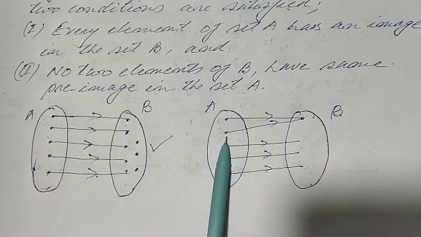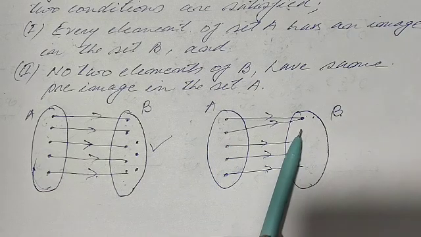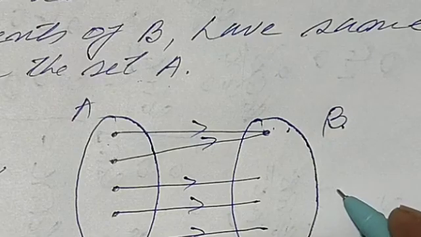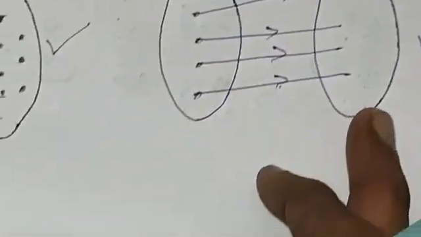Any 2 or more than 2 elements of A can have the same image in B. So both the conditions are satisfied. So this relation is a function.